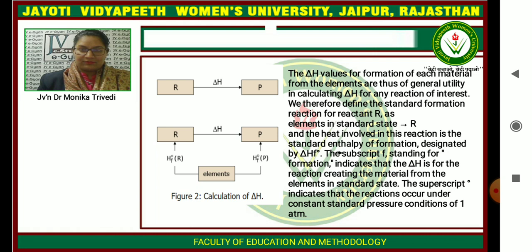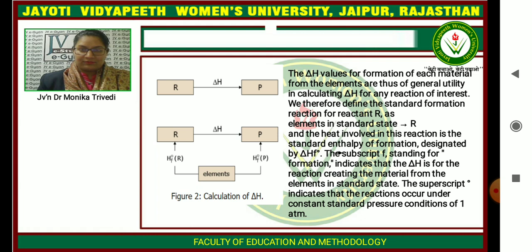Therefore we can calculate the energy for elements in the standard state which convert into the reactant, and the heat involved in the reaction is the standard enthalpy of formation, which is denoted by del H F naught.